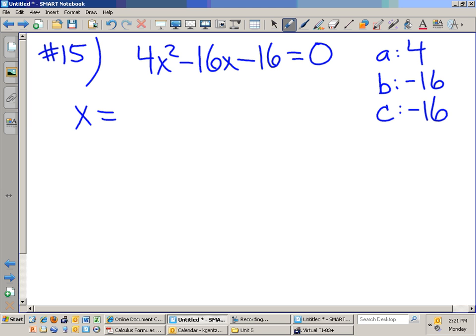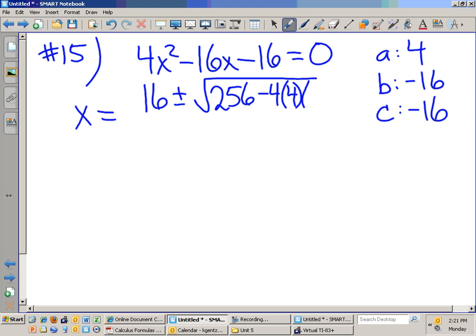X equals negative B, positive 16, plus or minus the square root of B squared. What is B squared? Who's got it? 256 minus 4 times what is A? 4, and C is negative 16. Divided by twice my A value.